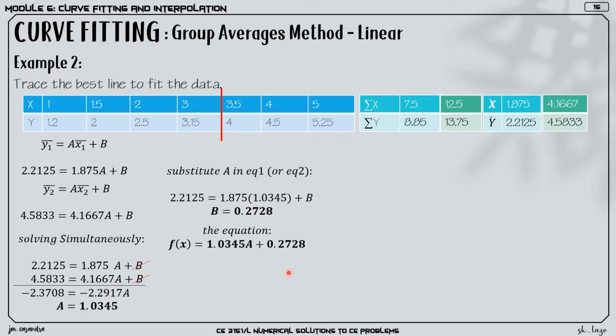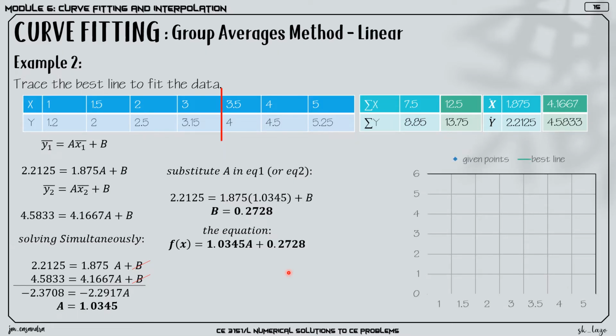So if you want to take a look at how the variables will look like in graph, then we have now our given variables. So it's almost a straight line, but the best line that will define it will be using this equation. So given x, we solve now for the function of x.